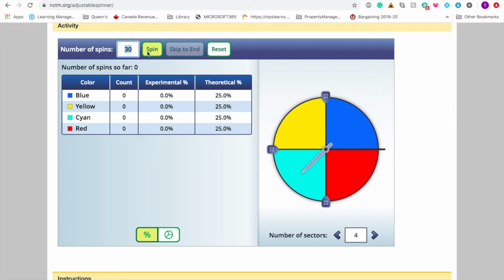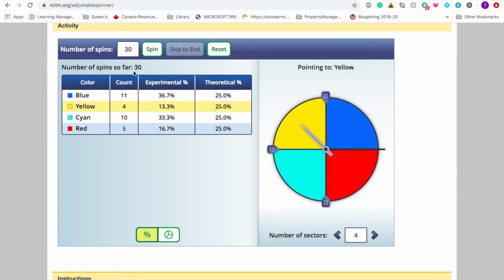I'm going to begin spinning, and we can see what our results are going to be. All right, you can see that it is randomly landing on different points on the spinner. I'm going to skip to the end so we can see what our results are.